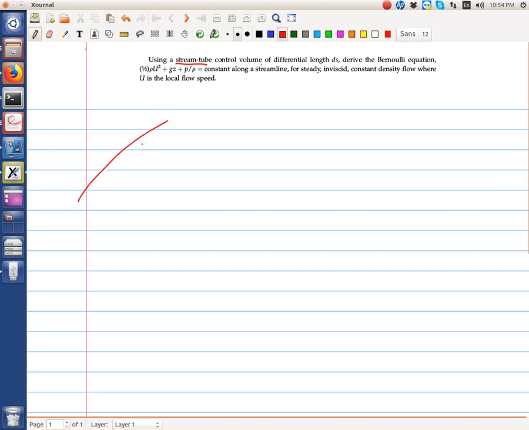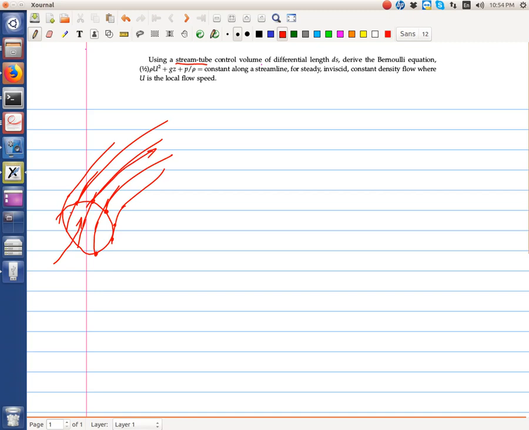So in a flow, let's say these streamlines, there is no flux which intersects them, and if they form the surface of a tube, it's like a bundle of streamlines which originates. Okay, so the flow which enters a stream tube always remains bounded inside a stream tube.